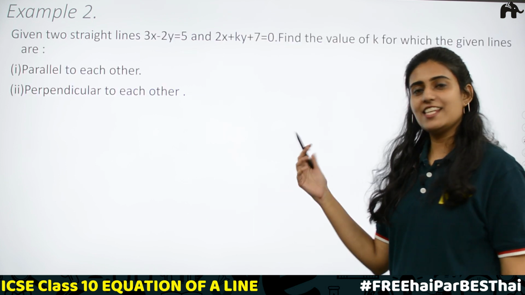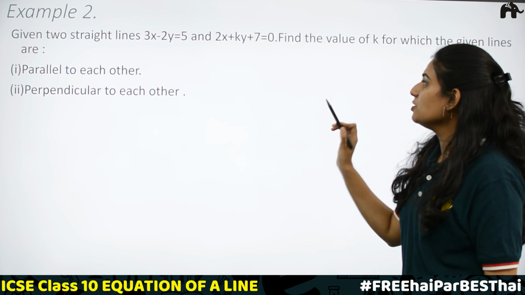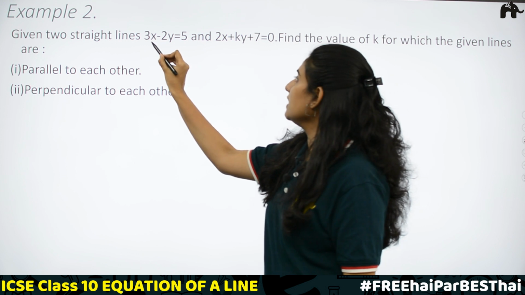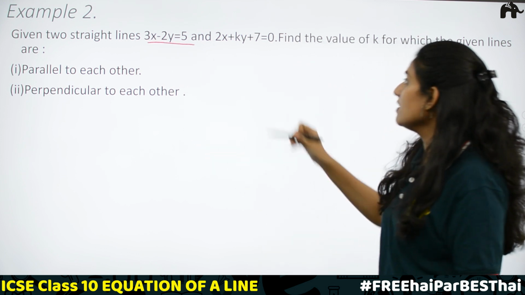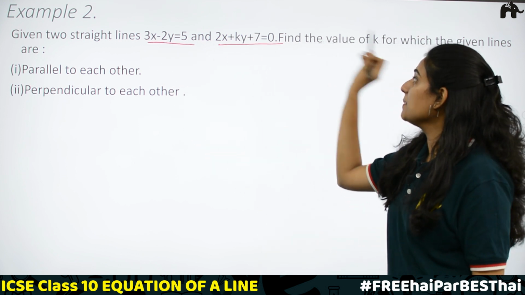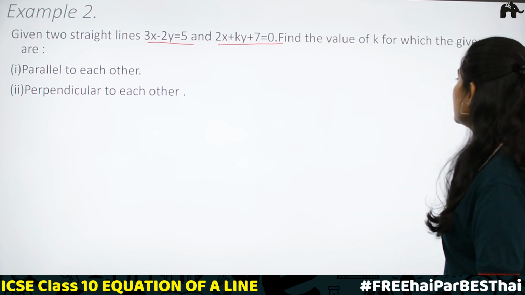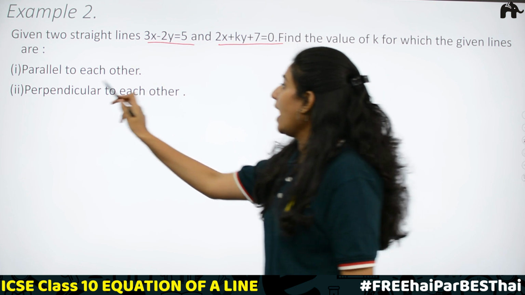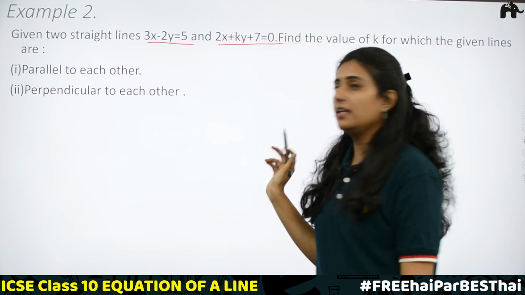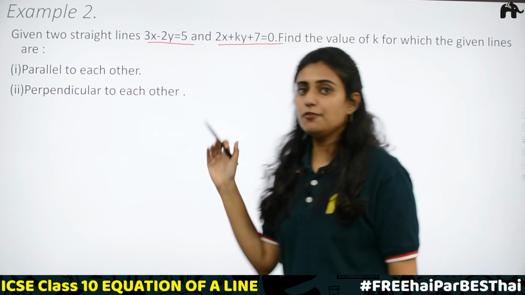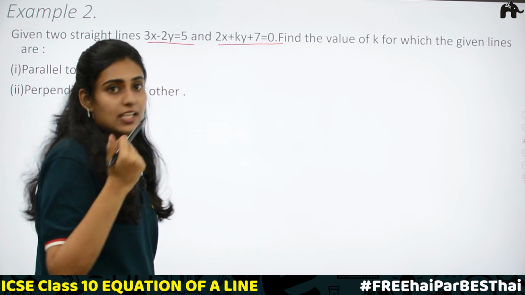Clear? Next, second example. Given two straight lines, 3x minus 2y is equal to 5 and 2x plus ky plus 7 is equal to 0. Find the value of k for which the given lines are first parallel to each other and second perpendicular to each other. We have studied that parallel lines have equal slopes.